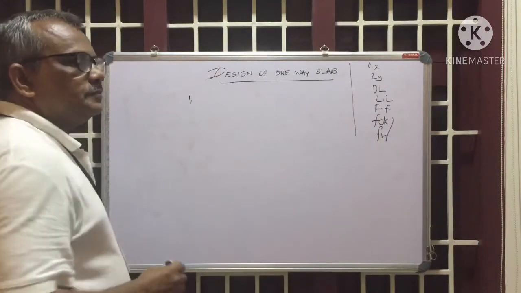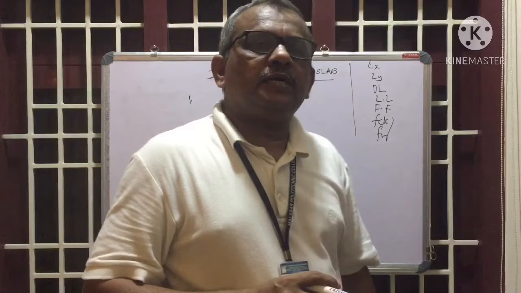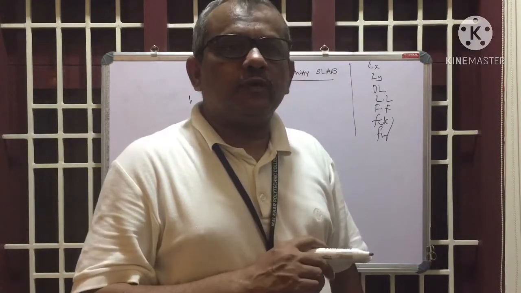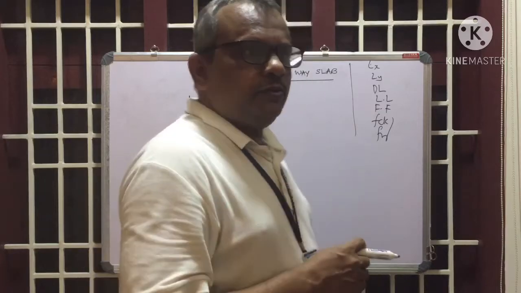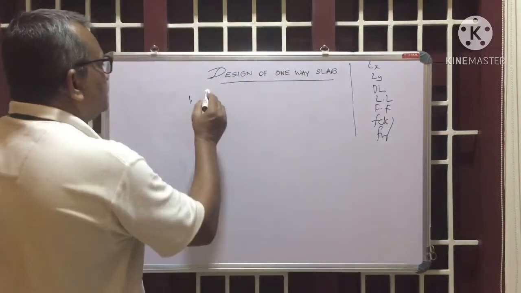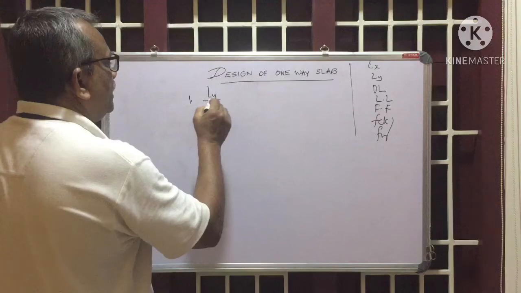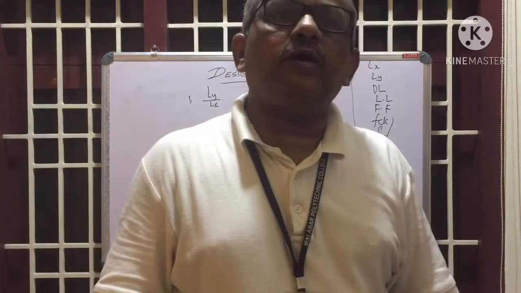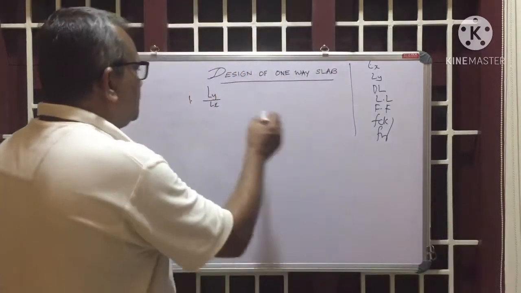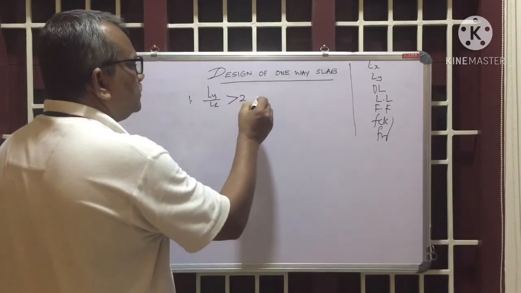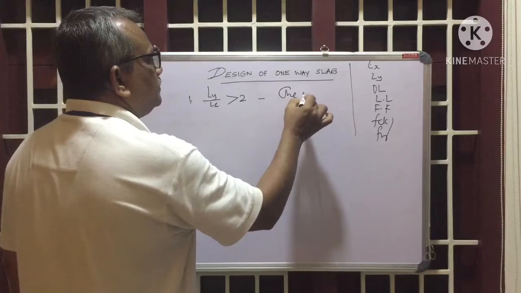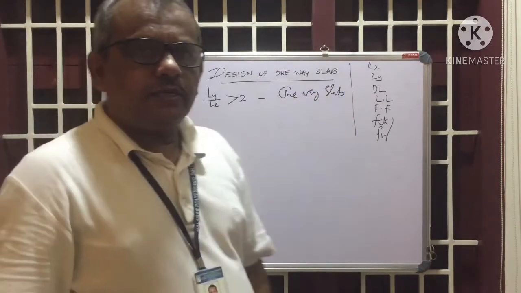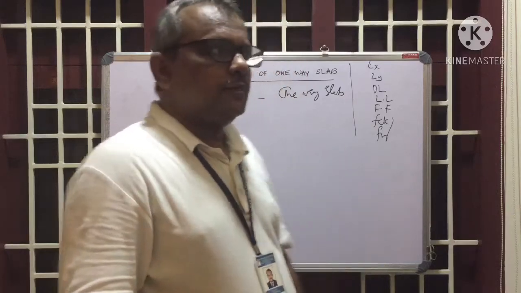Number one, first select the type of the slab, whether it is one way or two way. How can you select it? In the last video, we have seen that you find the ratio between Ly and Lx, the longer span divided by the shorter span. Ly over Lx, if it is greater than 2, it is one-way slab. That is the criterion for one-way slab.